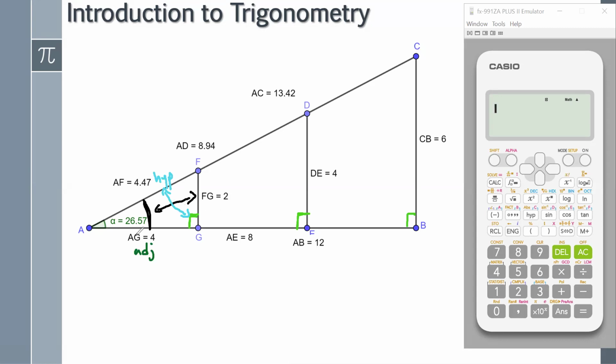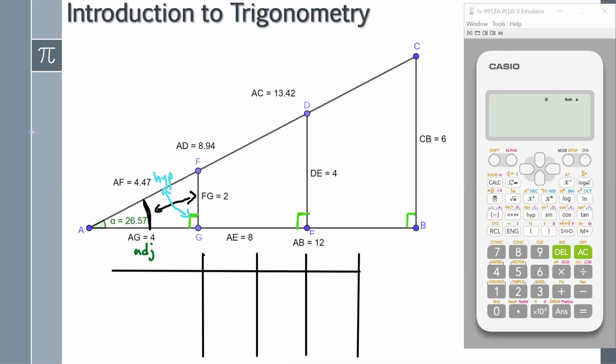Okay, so we've got three triangles, triangle AFG. Maybe let me set up a table here because we're going to have a close look at what happens in each triangle. So we're going to study the different ratios in each triangle. You can set this up in your own notebook, for the lessons which you take with me online here in this channel.